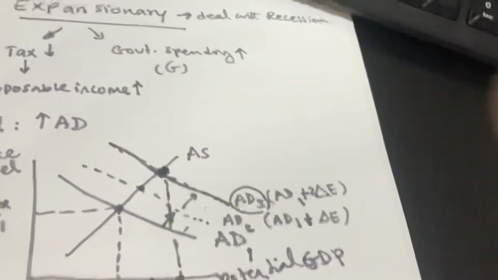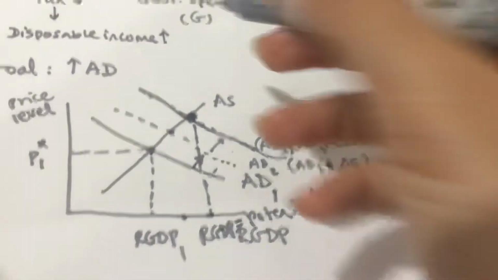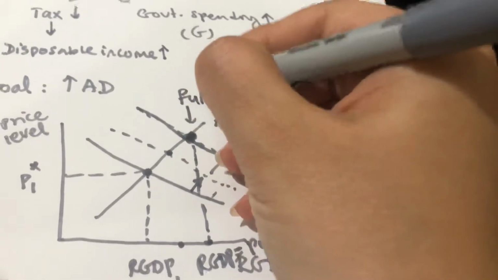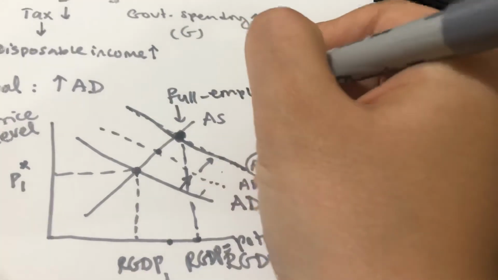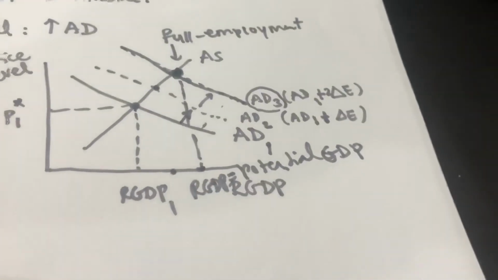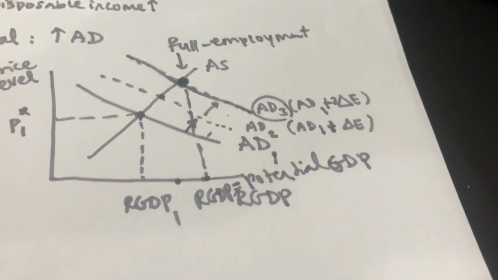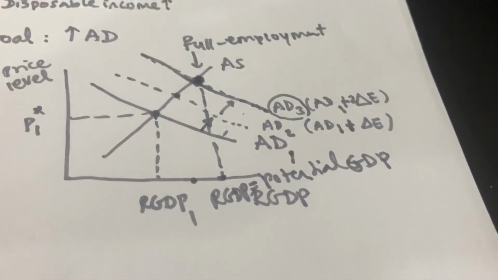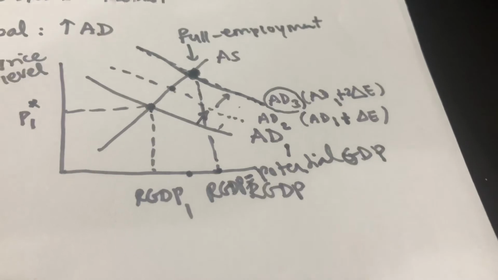So it means that we are at full employment, because remember how we define full employment? Full employment happens when the economy produces the amount of output which is equal to potential GDP. So we are at full employment.